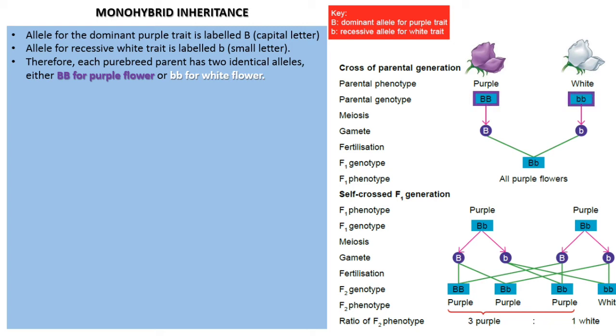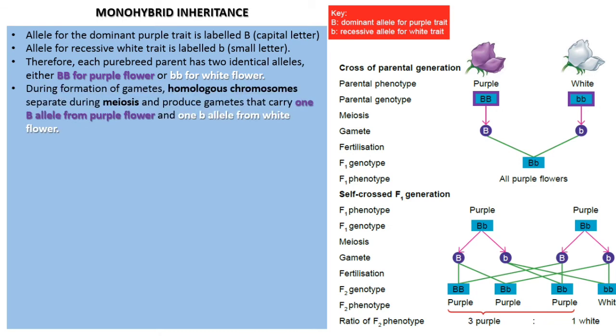During formation of gametes, homologous chromosomes separate during meiosis and produce gametes that will carry one B allele for purple flower and one b allele for white flower. Okay, during gamete formation, meiosis, the parental will produce gametes, and the gamete carries only one allele.